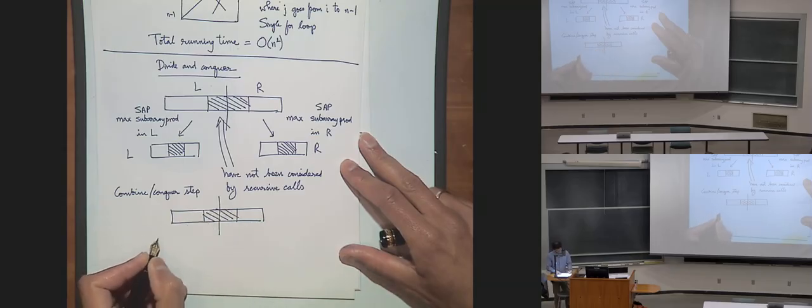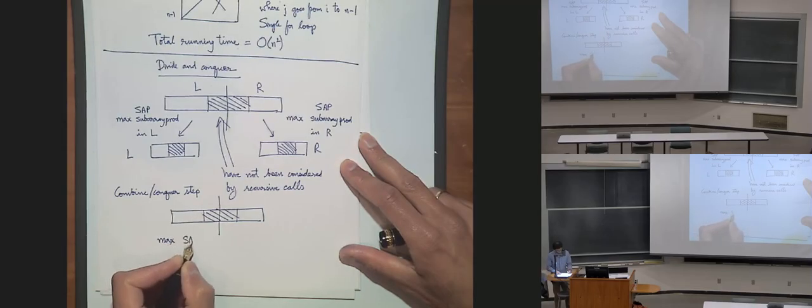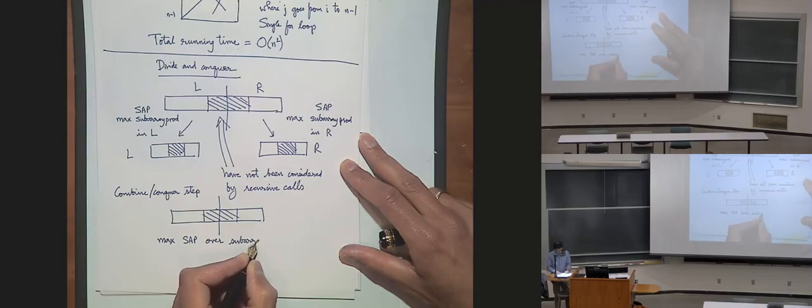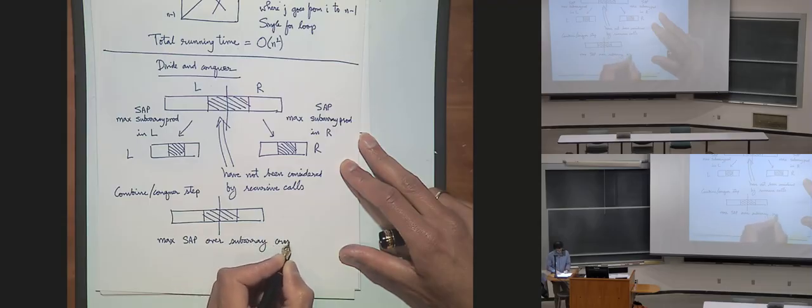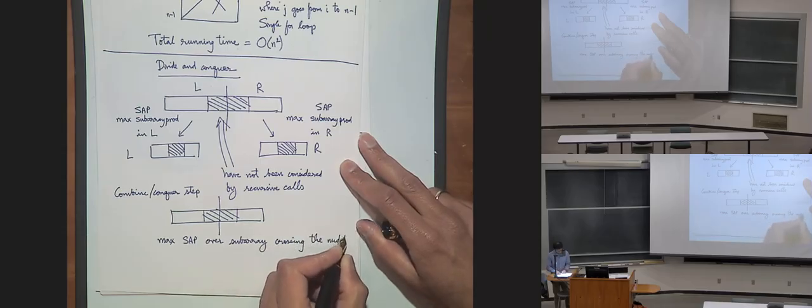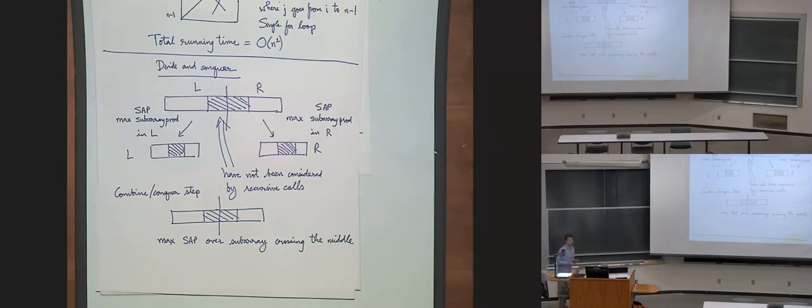So you want to maximize SAP over subarrays crossing the middle. Does that make sense?